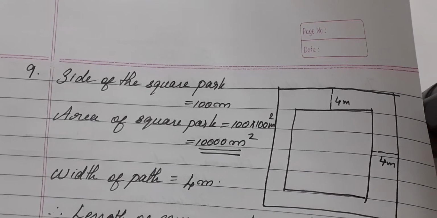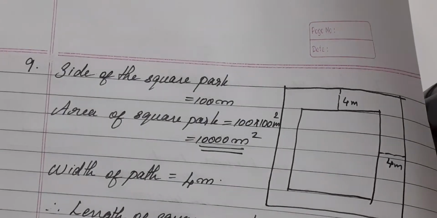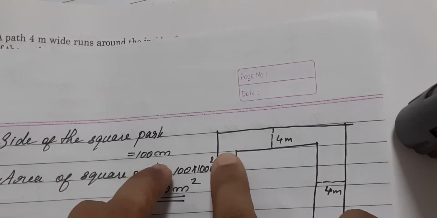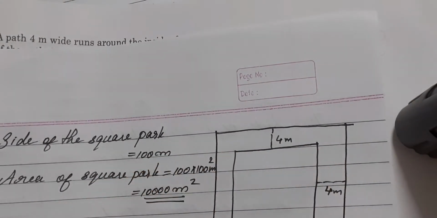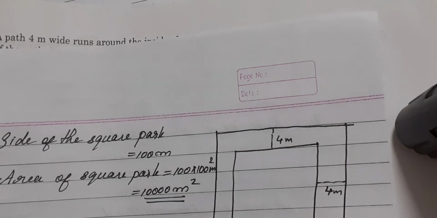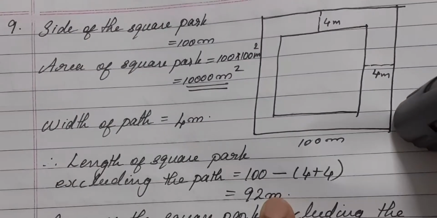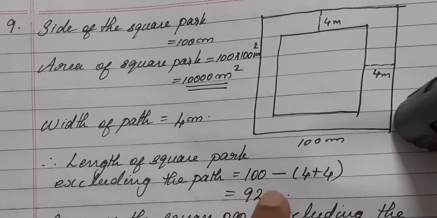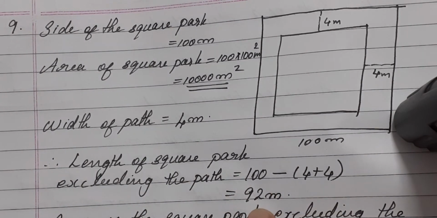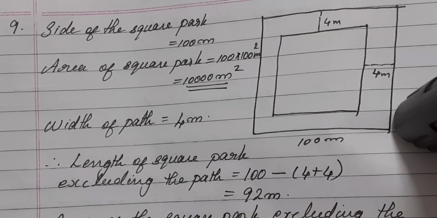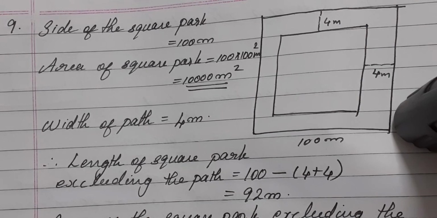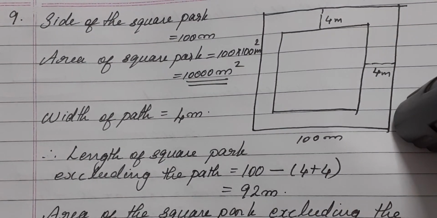So for the length of the square park excluding the path, from the total we subtract this and this: 100 minus 4 minus 4, so you will get 92 meter. Then area of the square park excluding the path will be 92 into 92, so you will get 8,464 meter square.